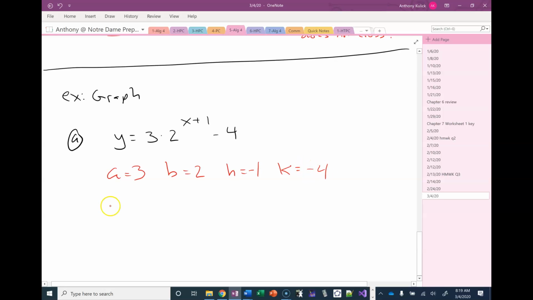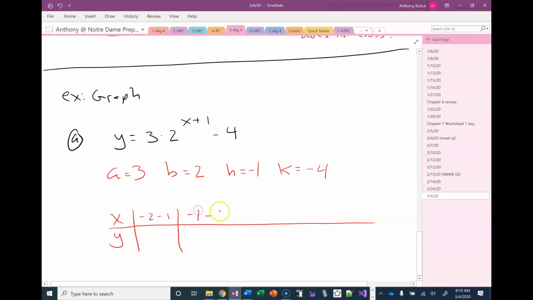Okay, so now we'll make our xy table. I'm going to have -2 plus h. And notice that I just wrote a subtraction symbol, since I'd be adding a negative.